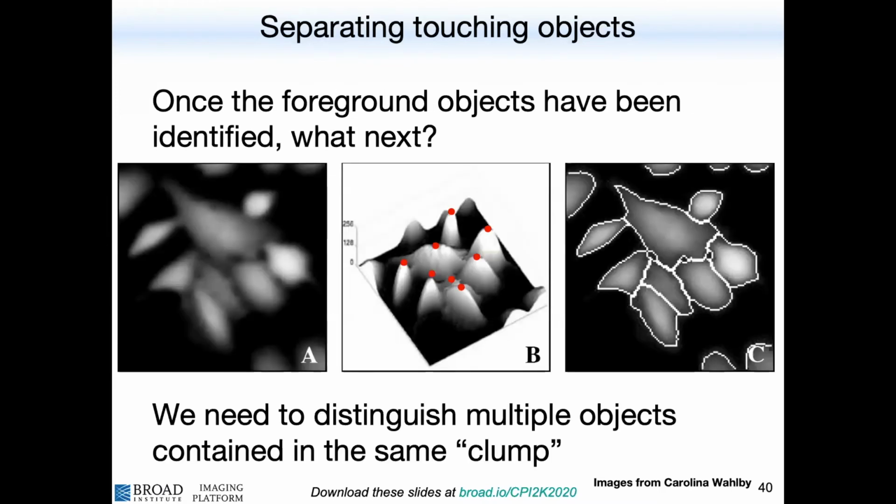So what we just talked about is basically the declumping method. And how we do this is exactly what we just talked about: first, based on the brightness of the intensity at the center, and also the shape of the object.